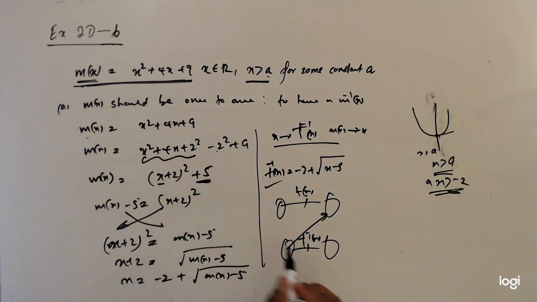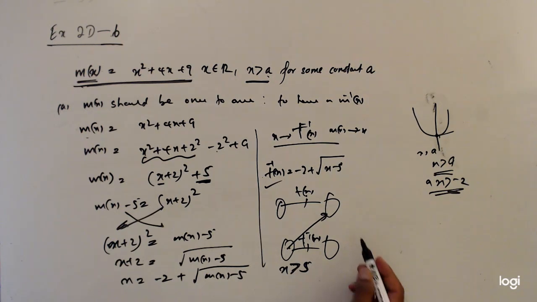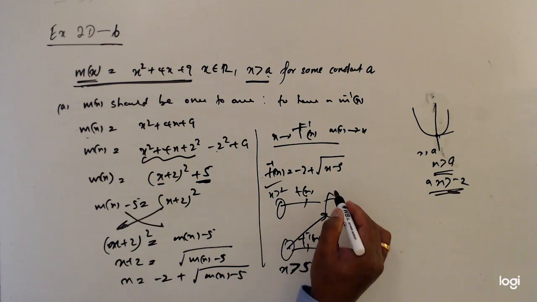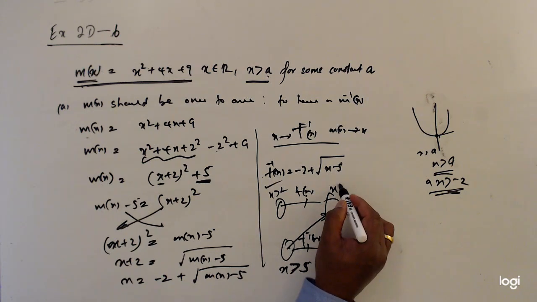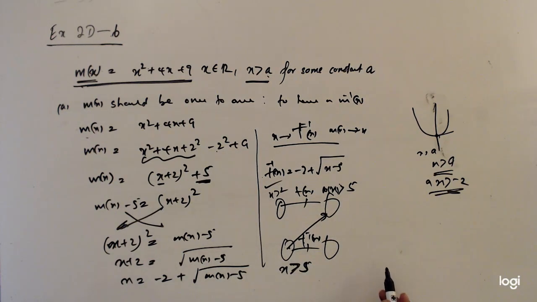Then the domain has to be x greater than or equal to 5. It is not equal, so x greater than 5, because x is greater than minus 2. So this will become x greater than 5.